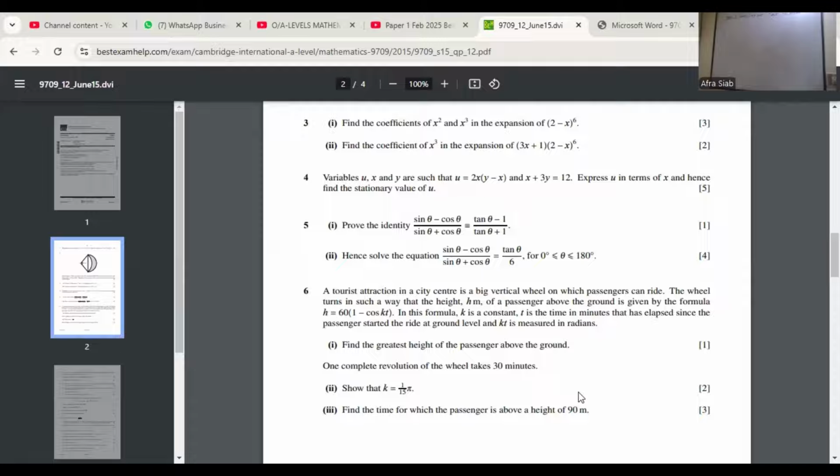One complete revolution of this wheel takes 30 minutes. Show that k is equal to 1 over 15 pi. Find the time for which the passenger is above the height of 90 meter. So this question is concerned with the cos function and its cycle.